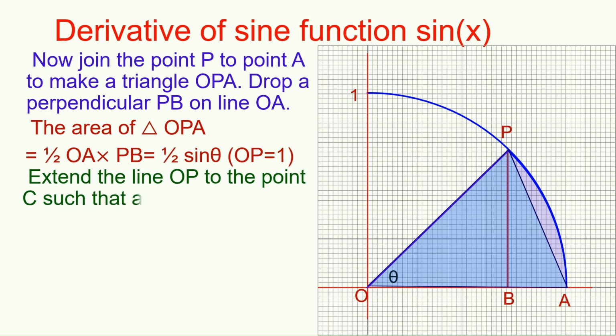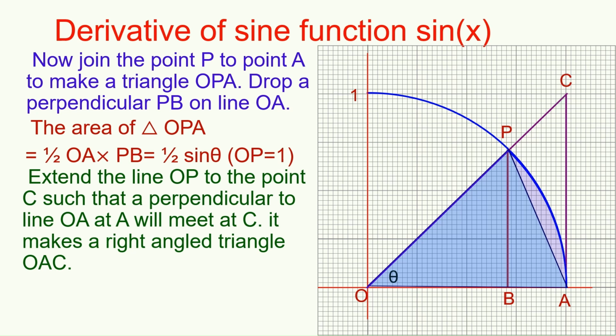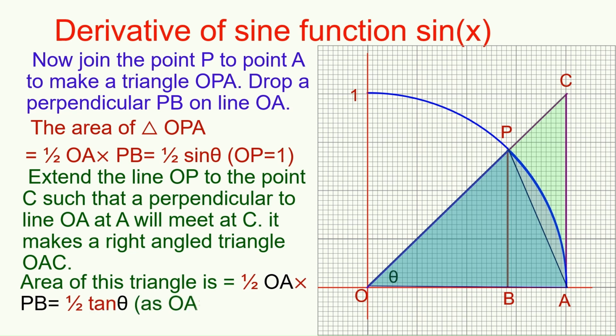Extend the line OP to the point C, such that a perpendicular to line OA at A will meet at C. It makes a right-angled triangle OAC. The area of this triangle equals 1/2 OA times AC equals 1/2 tan theta, as radius OA equals 1.